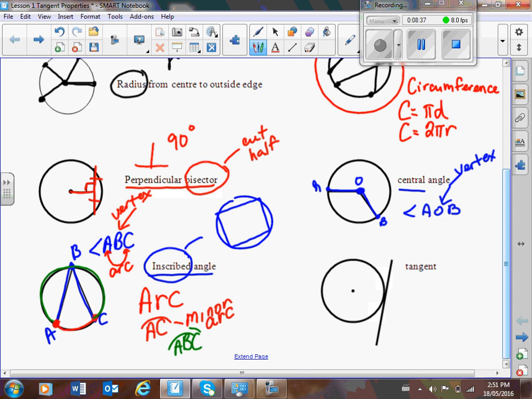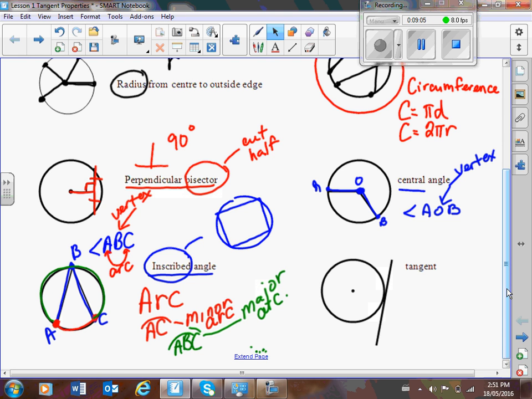You'll notice that I add the B in there because I need to tell the person who's interpreting this question that I'm going that direction. Anyways, arc ABC, we call that a major arc. That's just because it's bigger than arc AC.